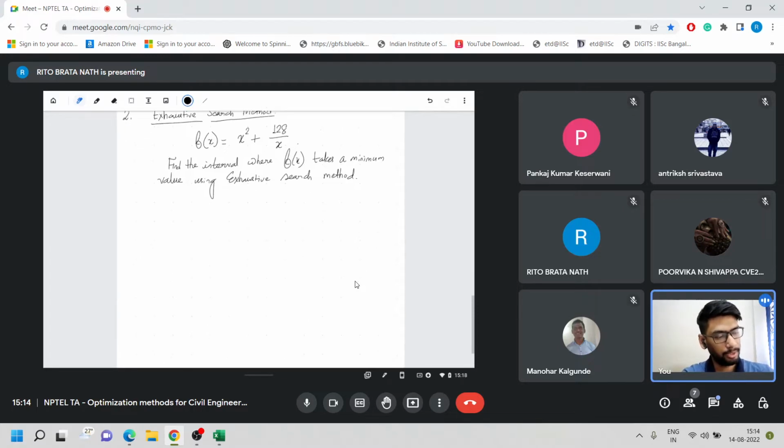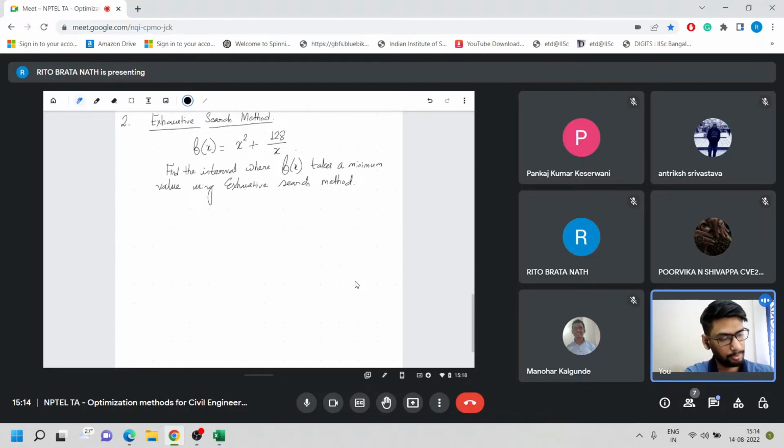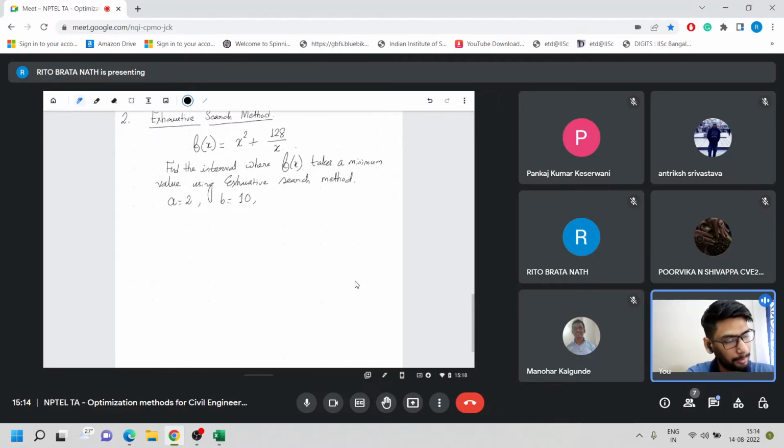Let me also give you the boundary points: your A you can take as 2, the B you can take as say 10, and let me take the number of intervals n equal to say 16. Let's try to solve this.